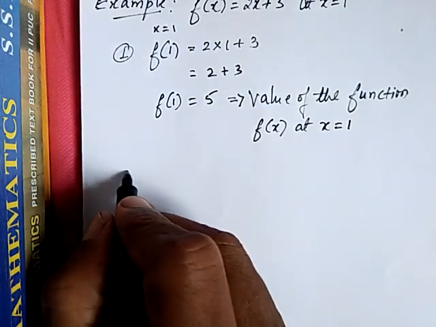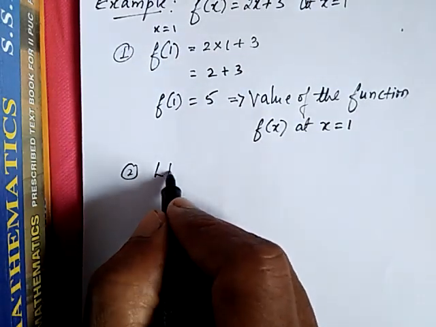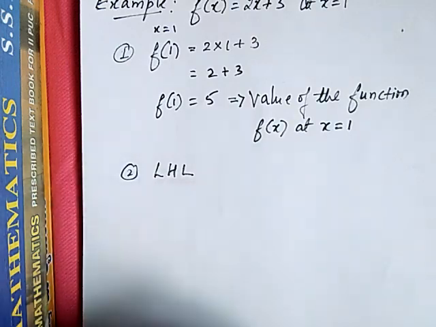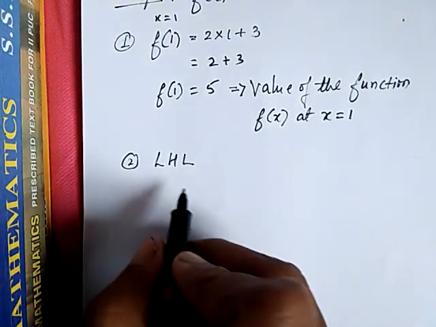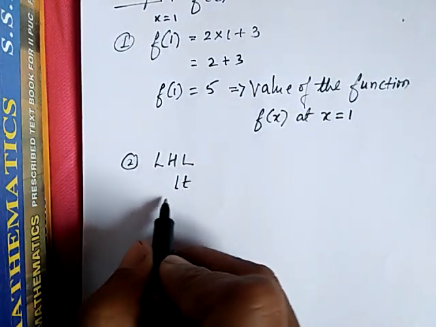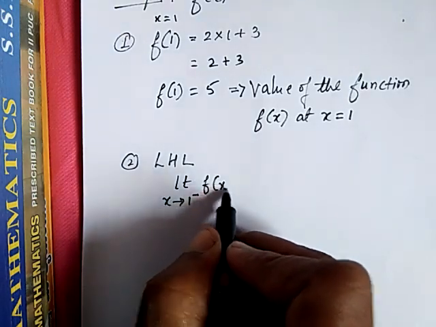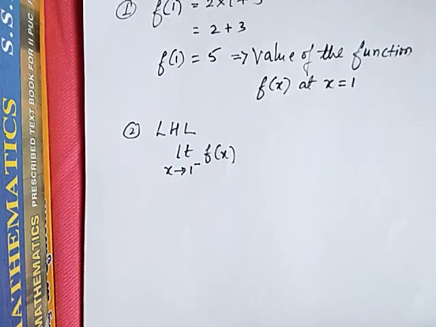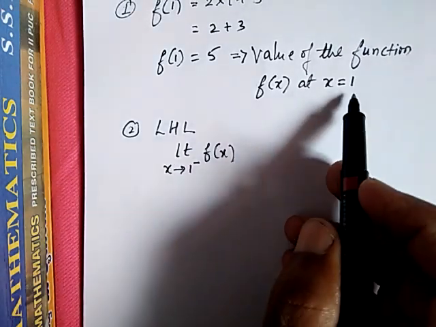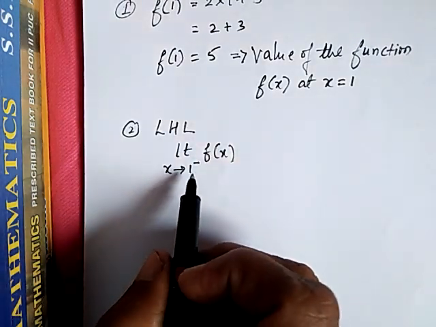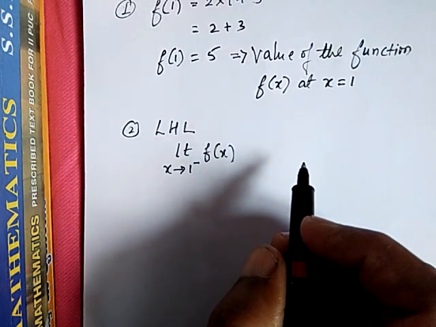So second thing, we need to find out the left hand limit, that is LHL. What to find here? Limit x tends to 1 minus f of x. x tends to 1 minus means left hand side of the 1.